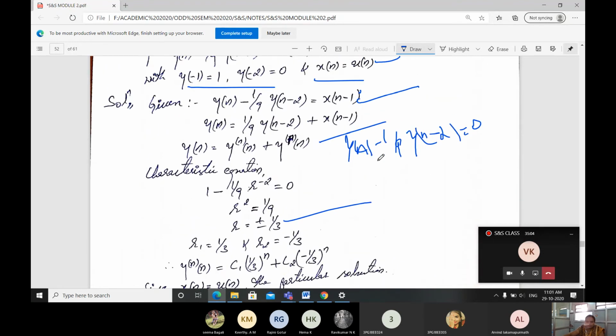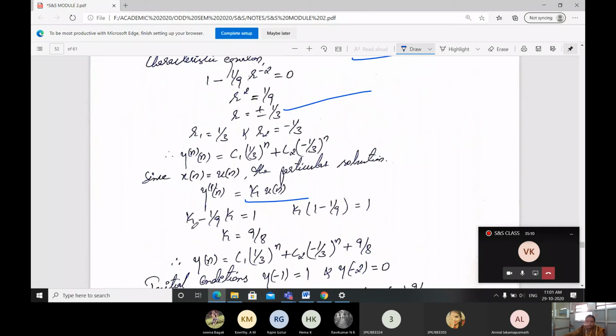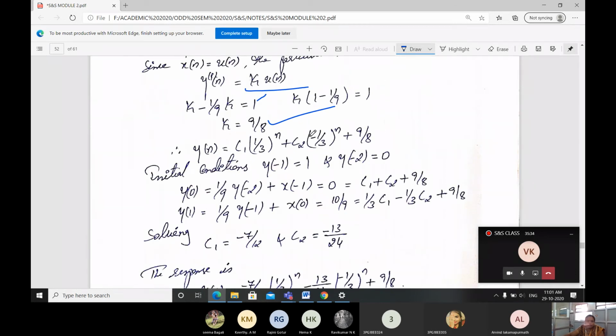In the equation you can write y(n) as k minus 1/9 k, that is equal to 1, because u(n) is always taken as 1. Therefore k is equal to 9/8. Then y(n) is equal to C1 (1/3)^n plus C2 (minus 1/3)^n plus 9/8.